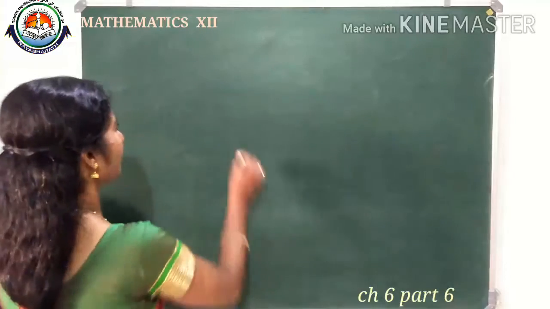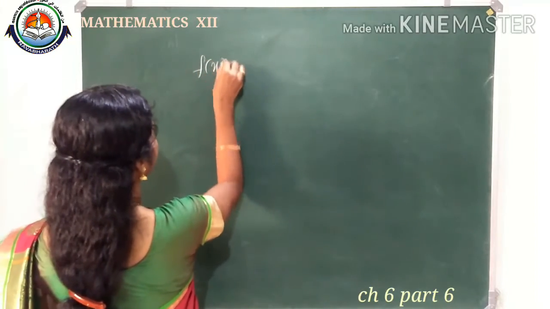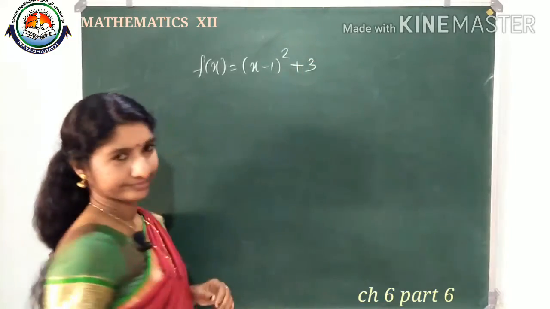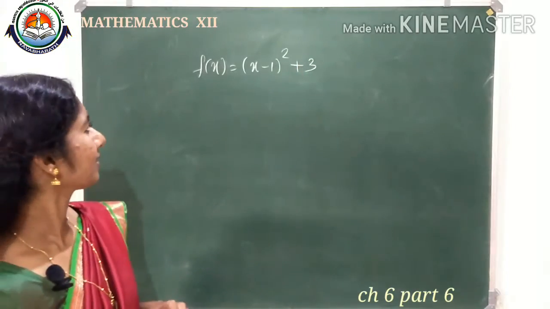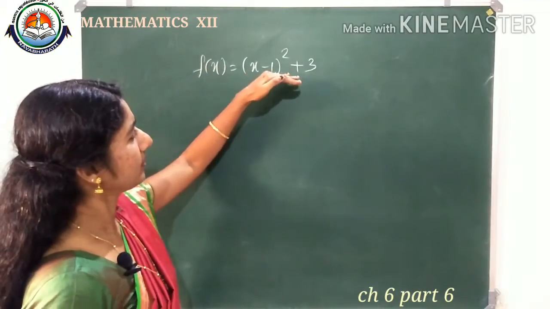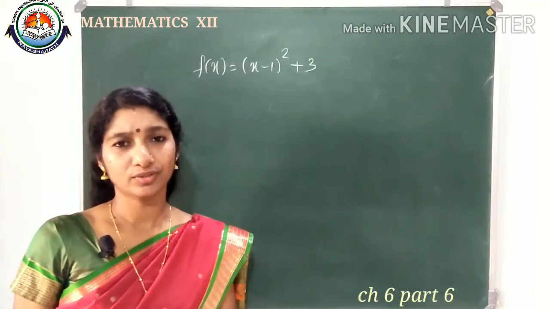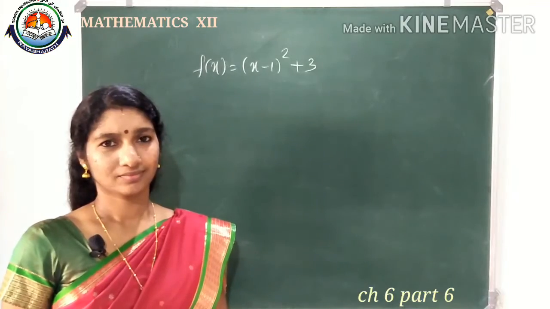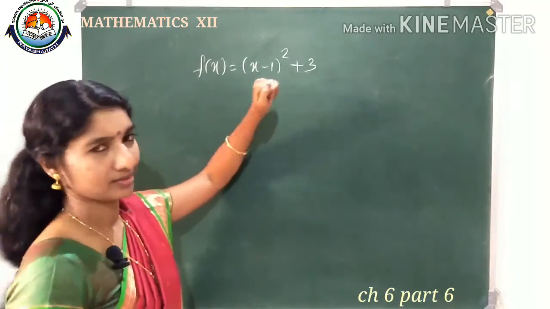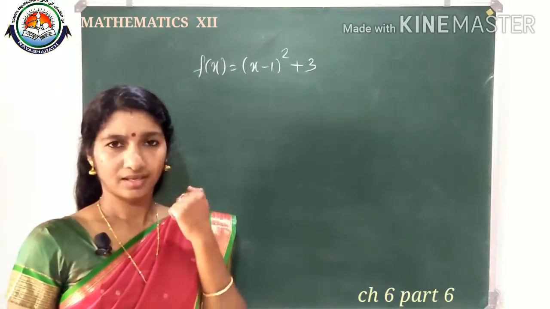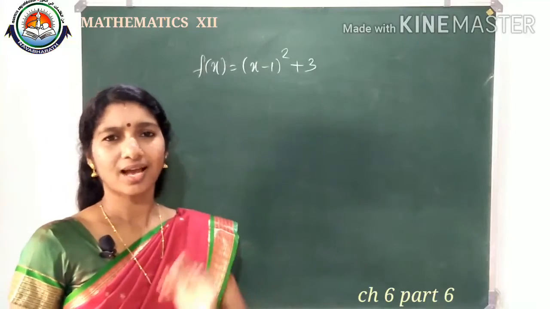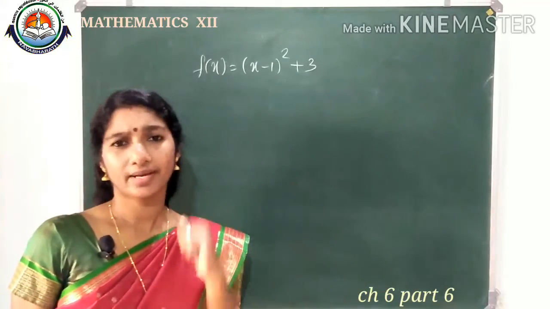Consider one function. f of x equal to (x minus 1) whole square plus 3. Do we get a minimum value or a maximum value for this function? Just to see a simple function, that's why I am asking directly. Is it possible to say this function has a minimum value or a maximum value?